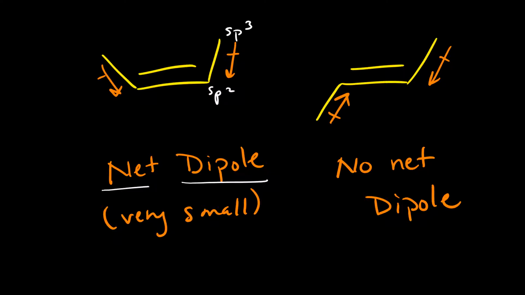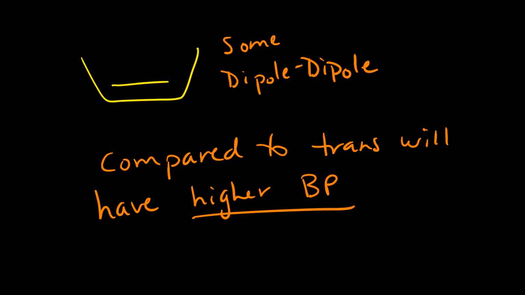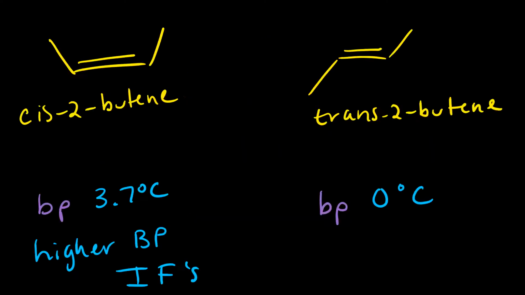In the trans, these cancel each other out, and so there's no net dipole. So you do have a very small net dipole with cis, and that's going to lead to a little bit of dipole-dipole interactions. And so the consequence of that is that a cis alkene is going to have a little bit higher boiling point than a trans alkene.